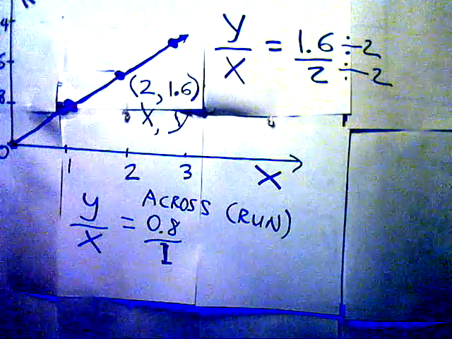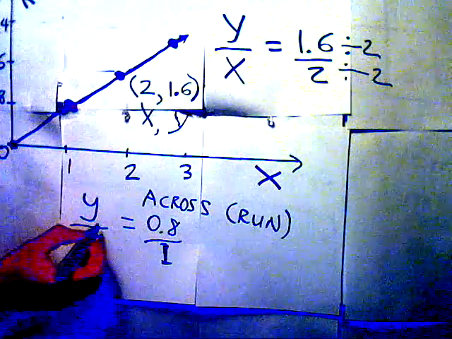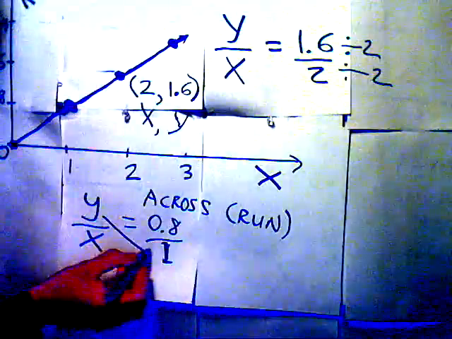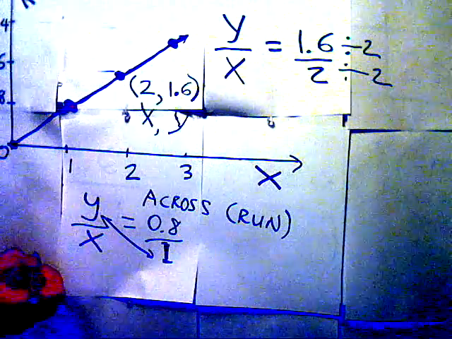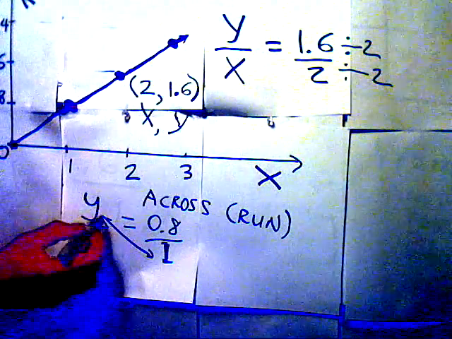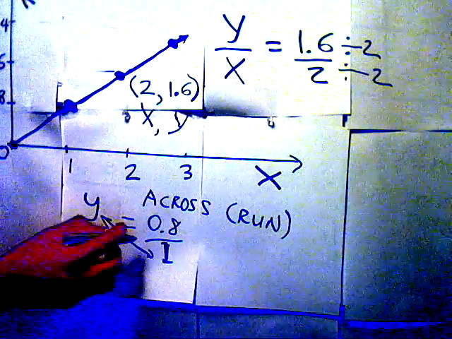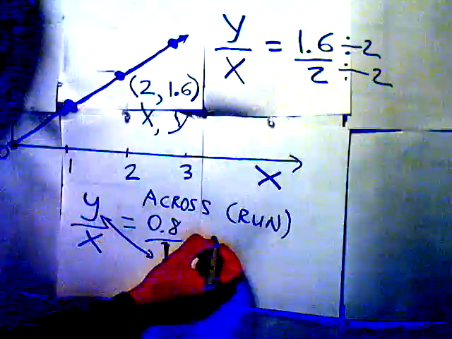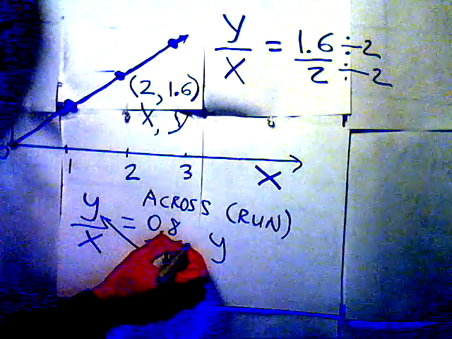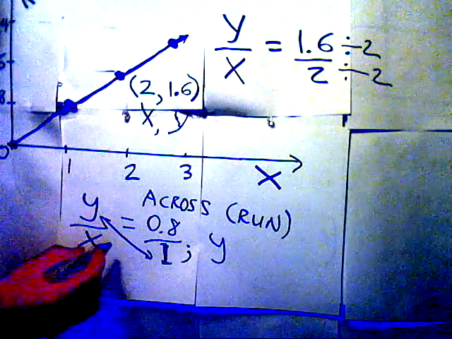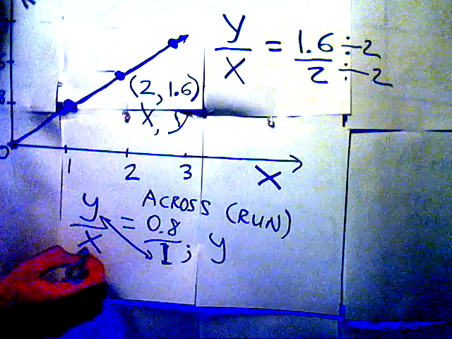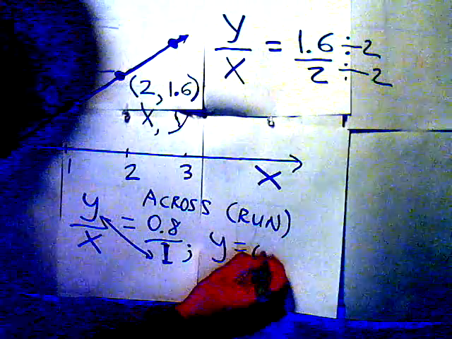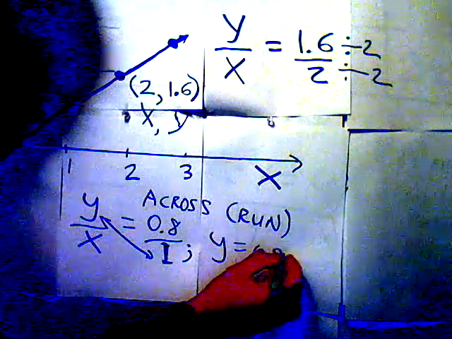Alright, and so I multiply the 1 by the y. I find the product of the 1 and the y, which would just give me y, and I find the product of the 0.8 and x, which would just give me 0.8x.